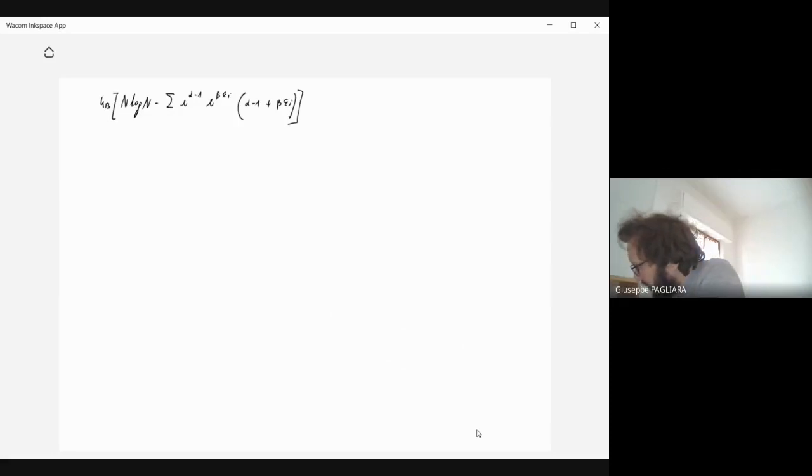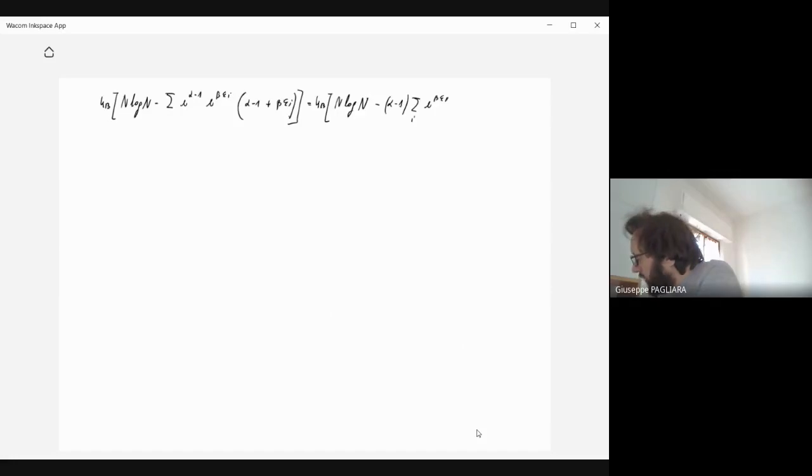Okay, is equal to Kb n log n. Then let me see how to arrange this term. Then I have alpha minus 1 sum of e to the alpha minus 1 e to the beta epsilon I. Let me check if this is correct.